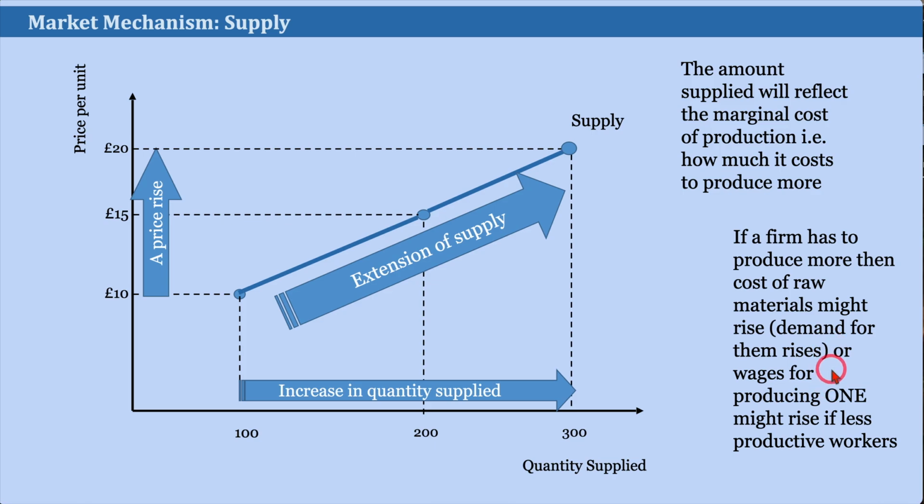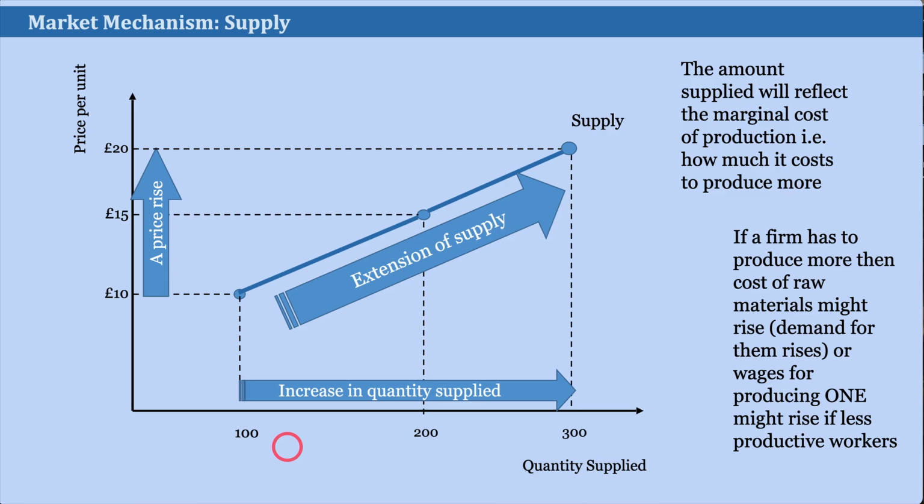The other way of looking at it is that the wages, that's the wages producing one good, might rise. And the reason for that is, let's say we were producing 100, then I might have employed, I don't know, let's say 10 workers to do that. But if I'm going to double my output, do I simply need another 10 workers? Well, they're not likely to be as productive as those first workers, because, as a rational firm, I'm going to employ the most productive people first.